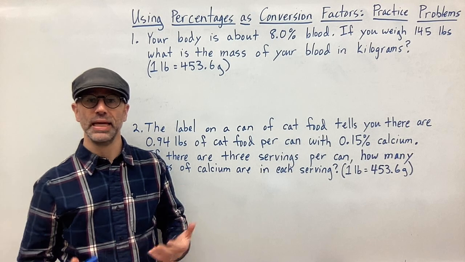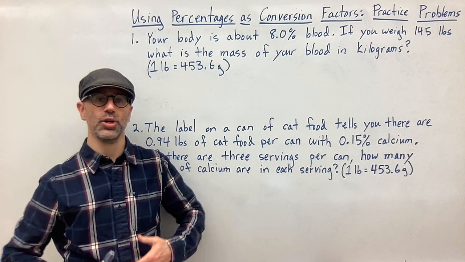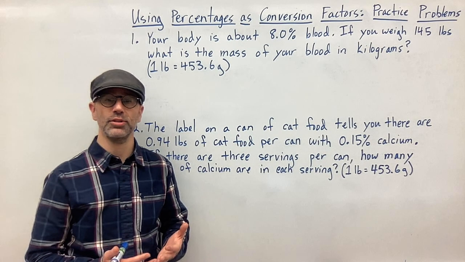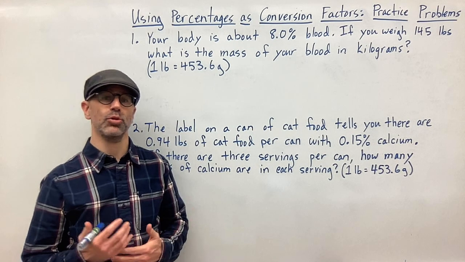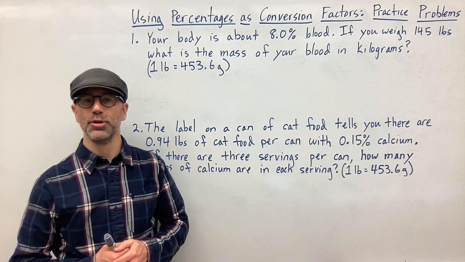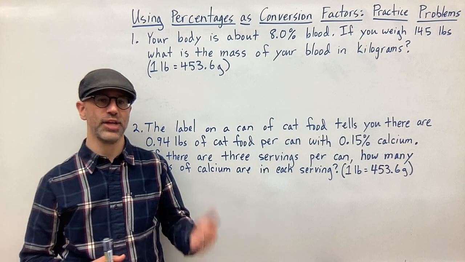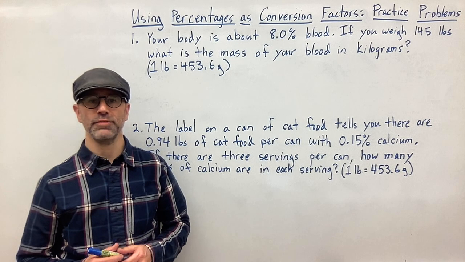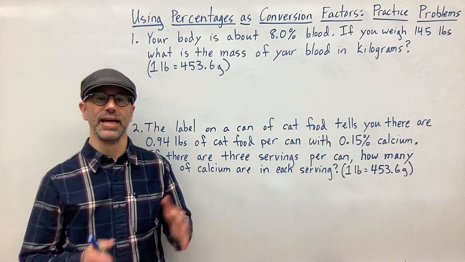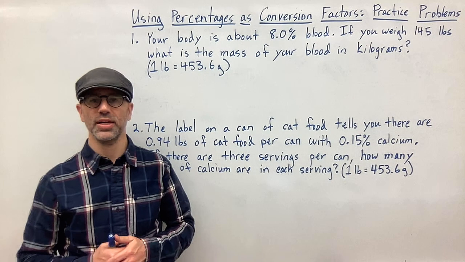Now, where do we begin? Here they're giving us 145 pounds. And the rest of this that we're looking for are conversion factors. 99% of the time, you're not going to start your problem with a conversion factor. So a percentage is going to be a conversion factor. If you see something like this, something per something, that's not going to be a starting point.